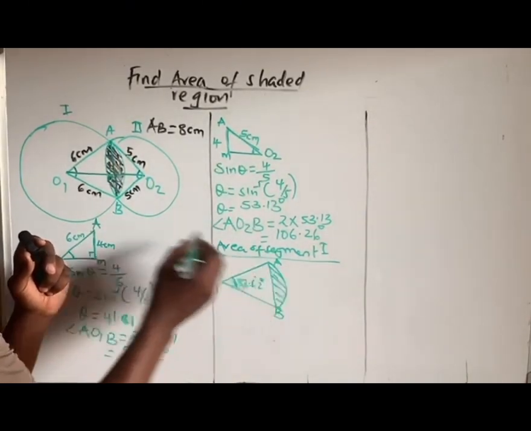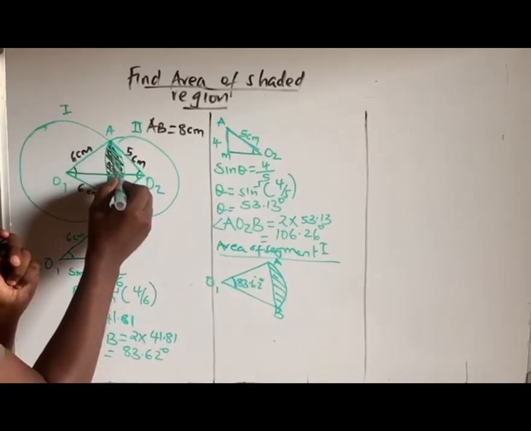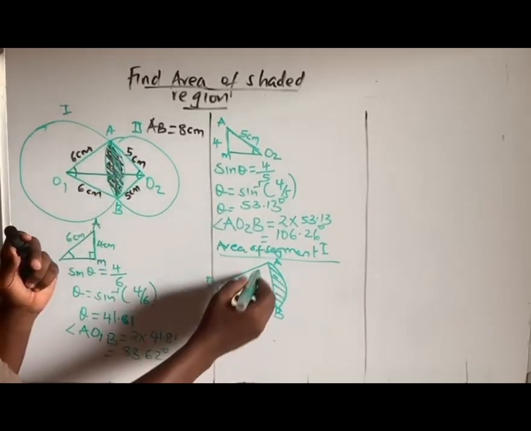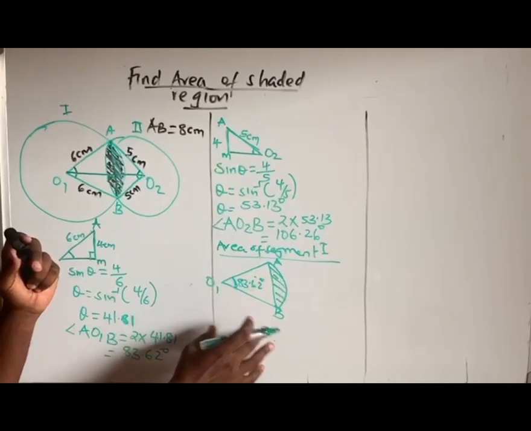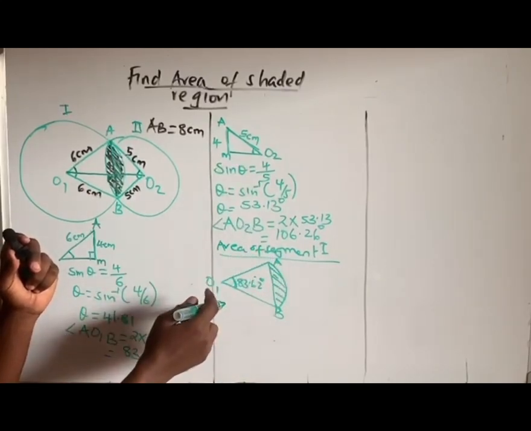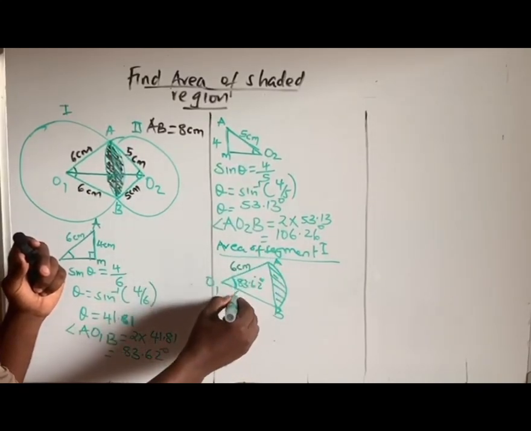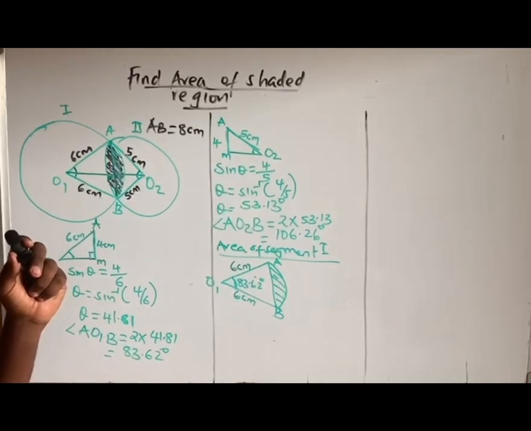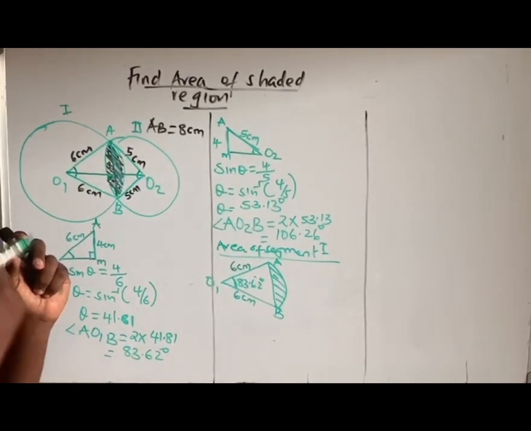To get the shaded part, we take the area of the whole figure, that is the sector, minus the area of the triangular part, because we know that both sides are 6 centimeters, since it is the radius of the circle.